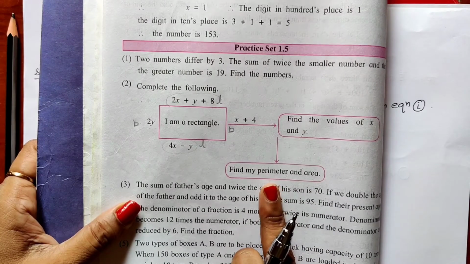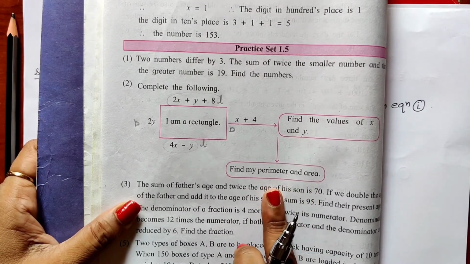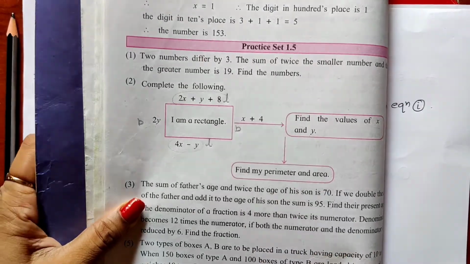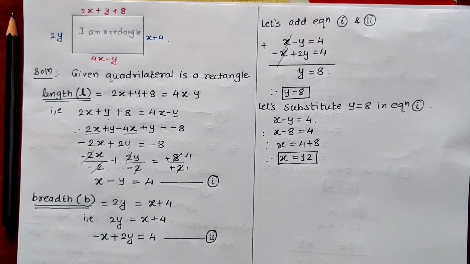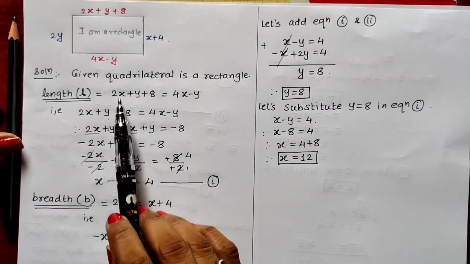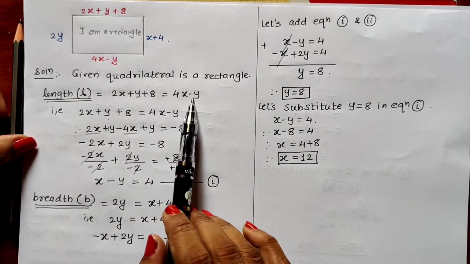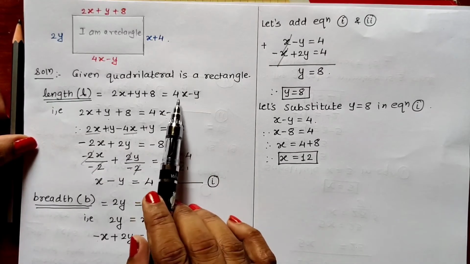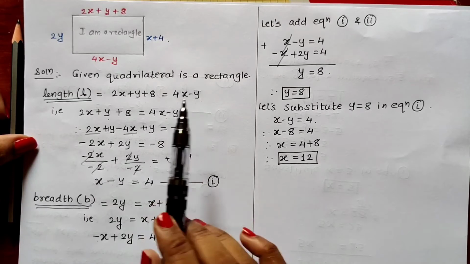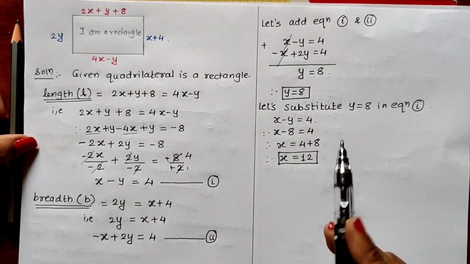So for finding the perimeter and area, we should get the length and breadth of the rectangle. So first get the length and then the breadth. So length is 2x plus y plus 8 or 4x minus y is equal to 8. So we can put any one of these expressions and the values of x and y and get the length.